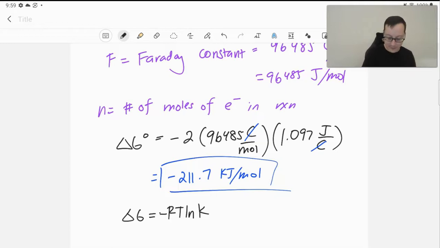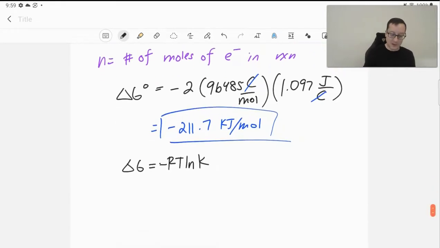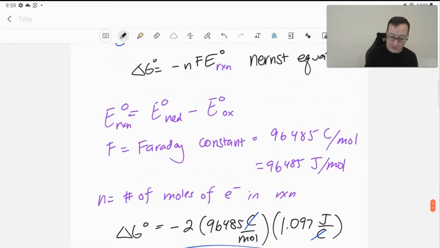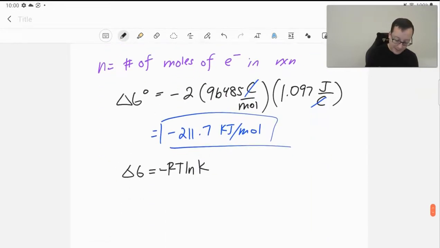Hooray! All of our favorites here. And of course, if we plug in this delta G substituted into our Nernst equation here, we can get negative nFE is equal to negative RT ln K.